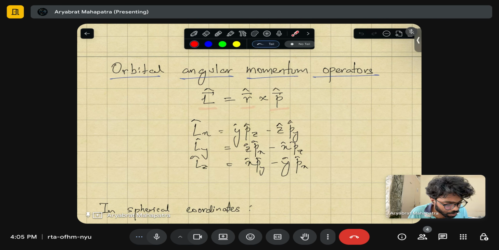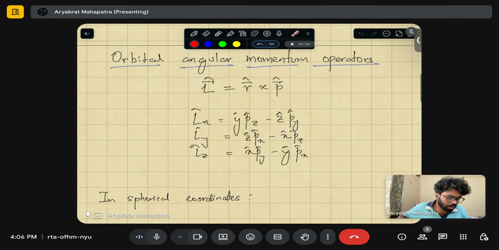You make the position vector a position operator and the momentum vector a momentum operator, and then you have your angular momentum operator. I hope you've been seeing this kind of thing from the beginning, and we'll keep on doing this, to find out how observables work in quantum mechanics. That is how angular momentum can be defined for any given quantum mechanical system.